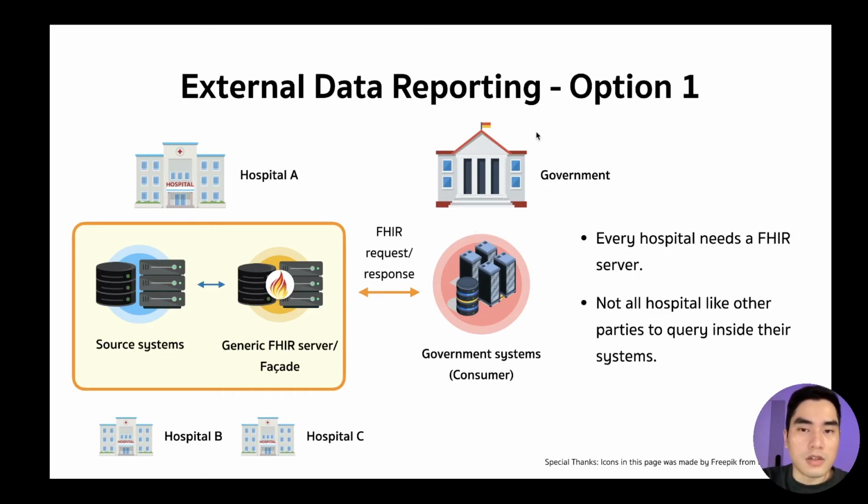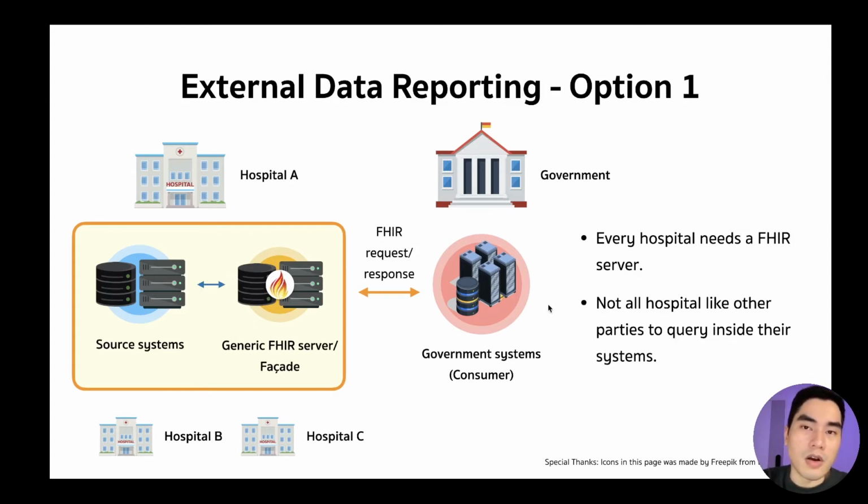So option one is you install a FHIR server or a facade, anything, in every hospital to connect with the source system, and then the government is the one who makes a request to the FHIR server and gets the FHIR response back to its system. In this approach, every hospital needs to have a FHIR server like this so that the government can make a request to each hospital's server.